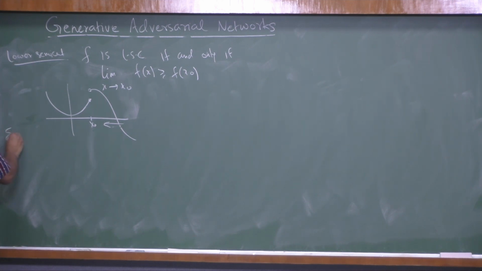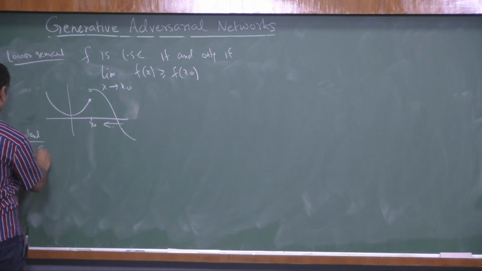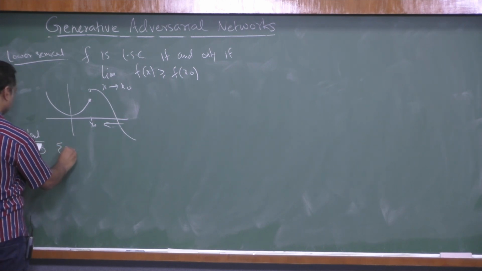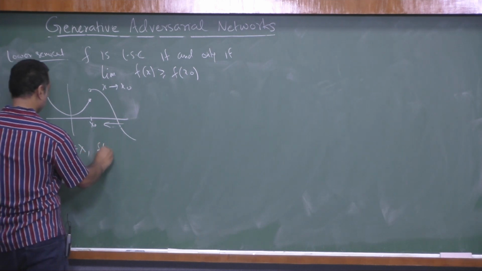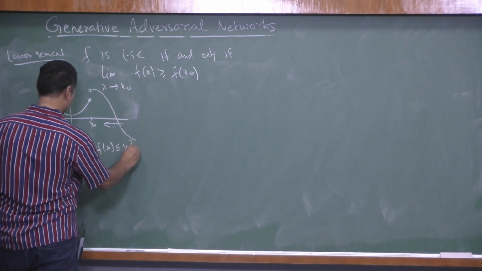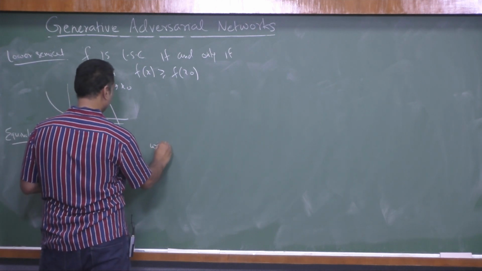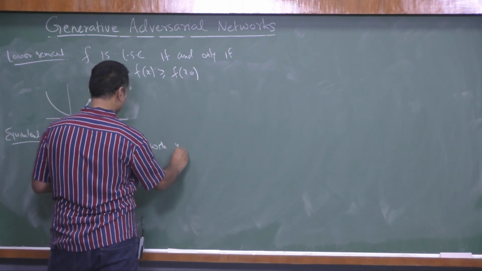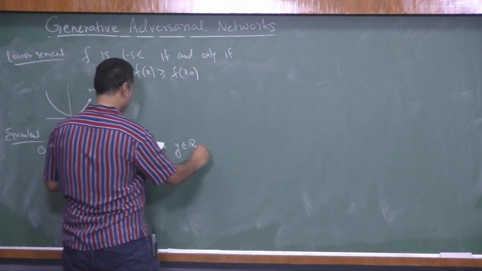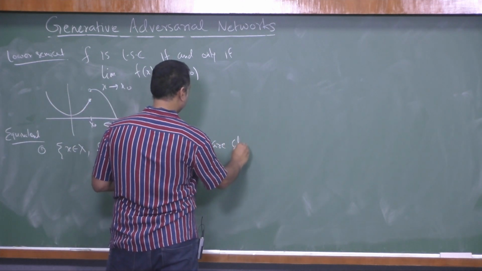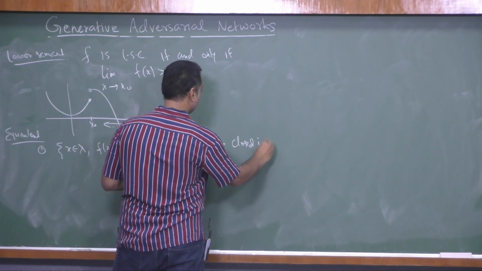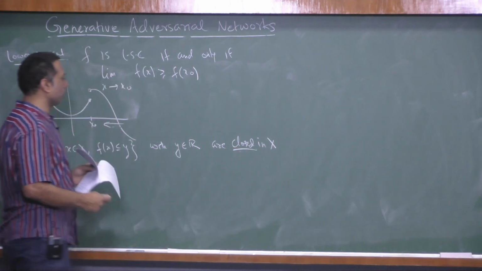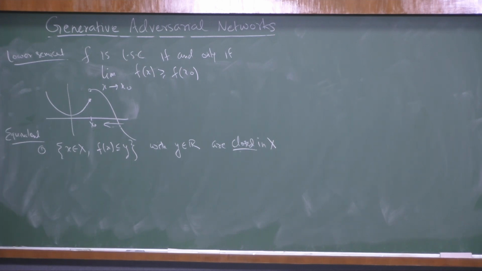Equivalent statements for LSC are left as an exercise for you. These are simple, I would say. If you have basic maturity, then you can do this. f(x) less than or equal to y. May not be for all, because we use something called closedness: y in R, closed in x. So those who know a little bit about topology can do it; I won't go into that right now.